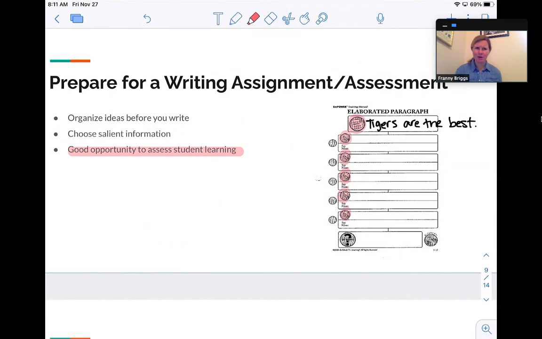Because maybe you're going to look at their graphic organizer and be like, whoa, they really struggled to find what's important. So a graphic organizer can be a really great assessment tool for you as well.